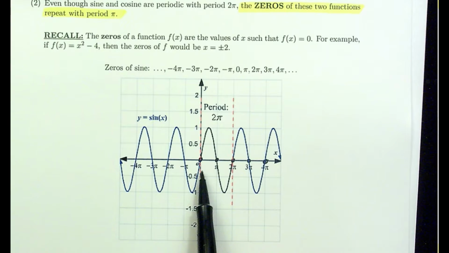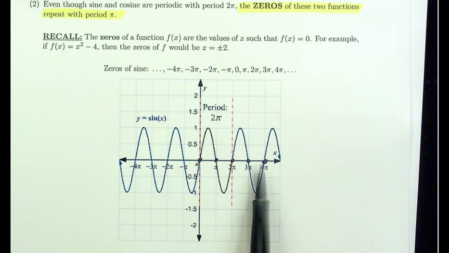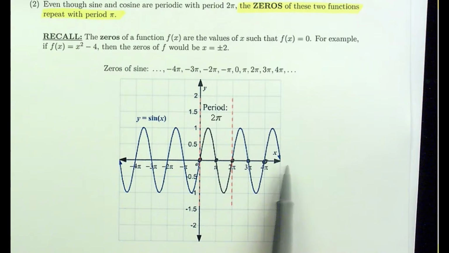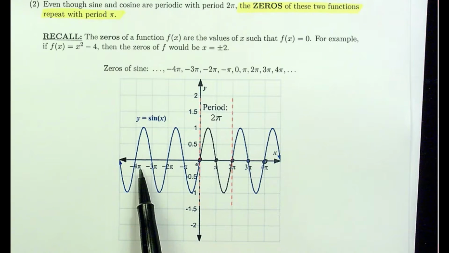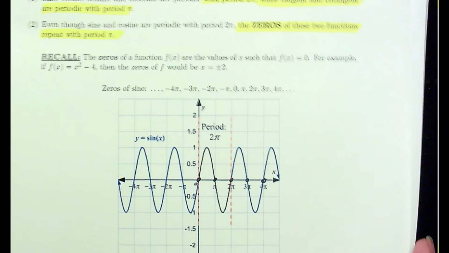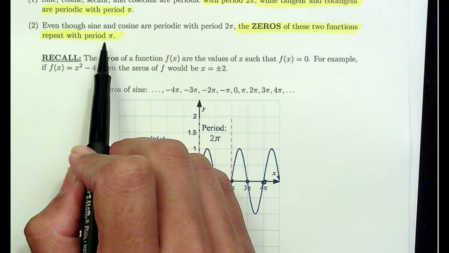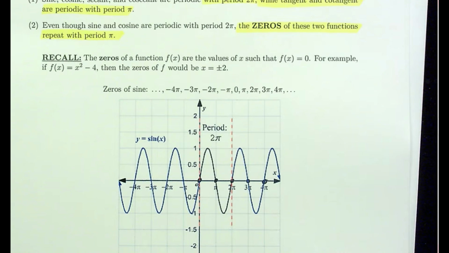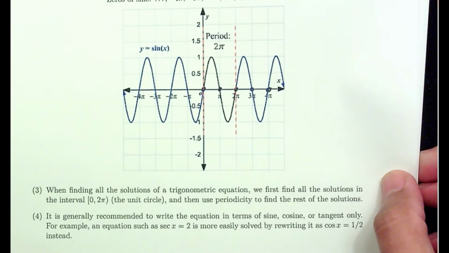So you see they actually do repeat every pi. So every pi you have a 0, both to the right and to the left. To the left would be negative pi, negative 2 pi, negative 3 pi, etc. So the zeros, again, of sine and cosine repeat with period pi, even though the graph as a whole repeats every 2 pi. Okay, that's important to keep in mind when solving trig equations.